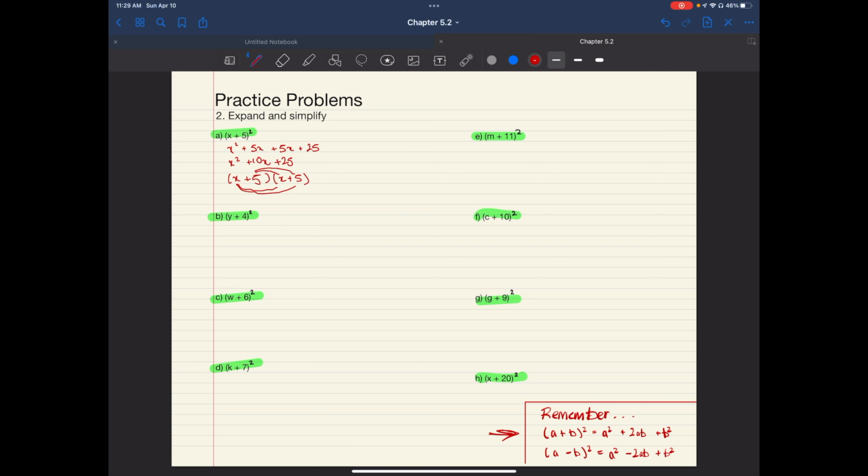So now we're going to use the shortcut here, y plus 4. We know we're going to get y squared plus 8y plus 16, right? Because if we follow this rule right here, we get a squared, which is y squared, plus 2ab, which in this case is 2 times 4 times y, which is 8y, plus b squared, which is 4 squared, which is 16.